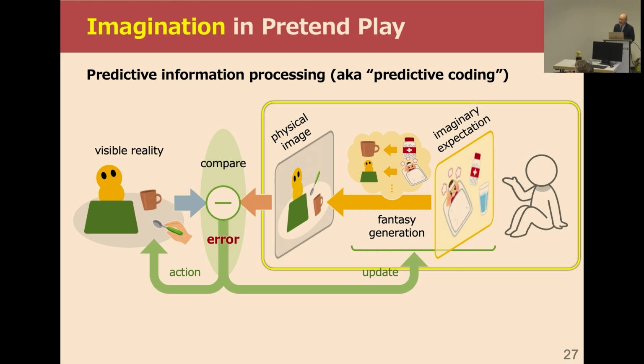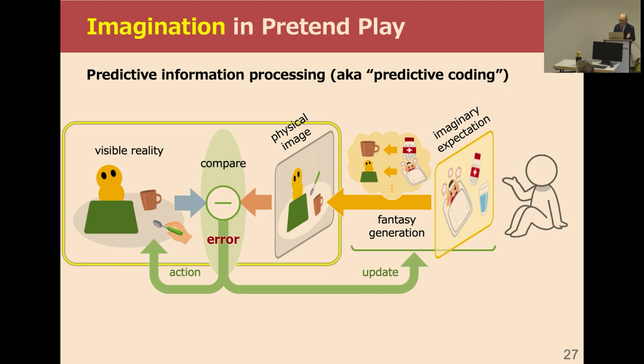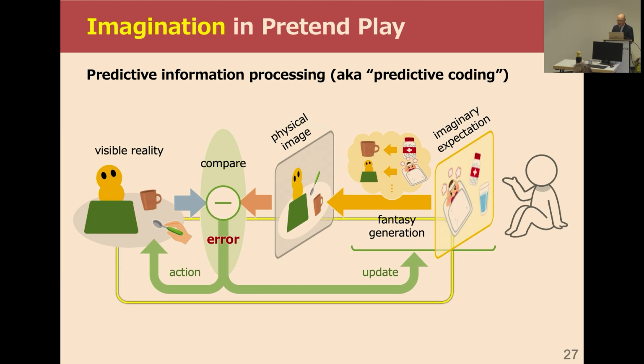First, the child generates a fantasy, in which the imaginary expectation is translated into a kind of physical image. Second, the physical image is compared with reality, computing the difference as an error. Then, based on this error, the original fantasy is updated so as to minimize the error.